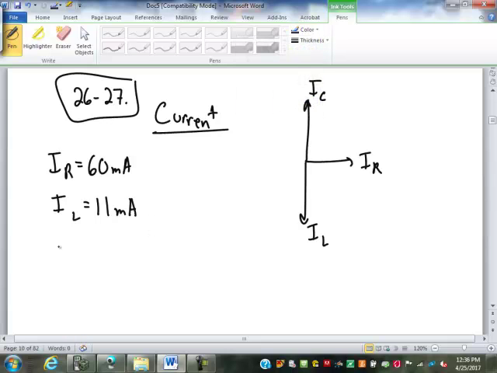I want to find the magnitude and phase angle of that resultant current.